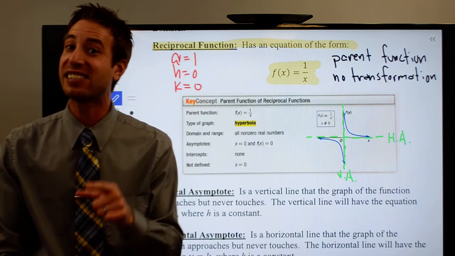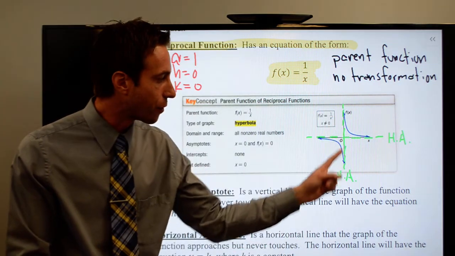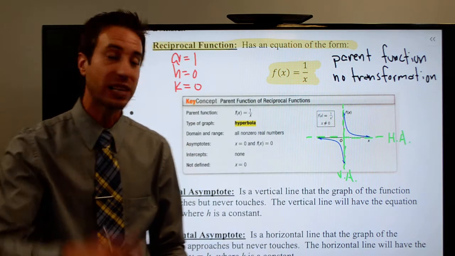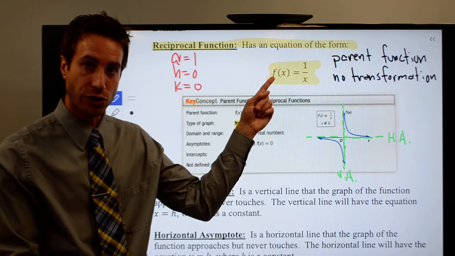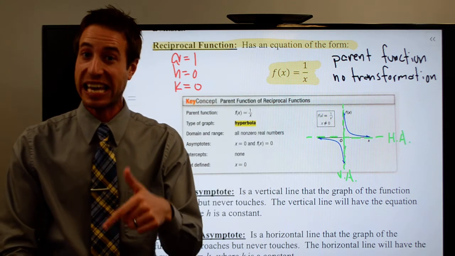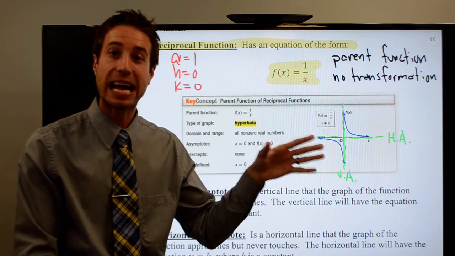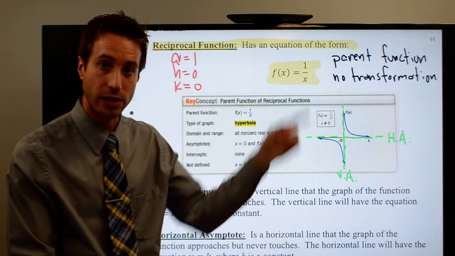And it should make sense why there's a vertical asymptote at x equals 0. Please notice in the parent function, what happens if x is 0? Well, if I let x be 0, then I wind up with a 0 in the denominator.